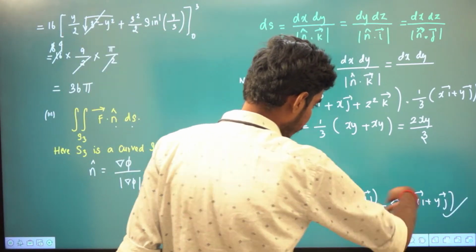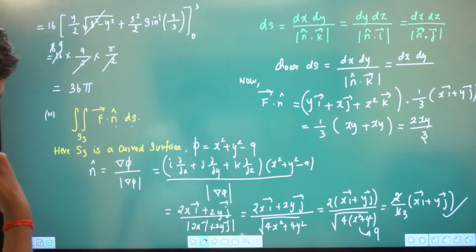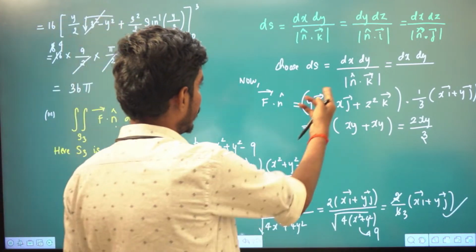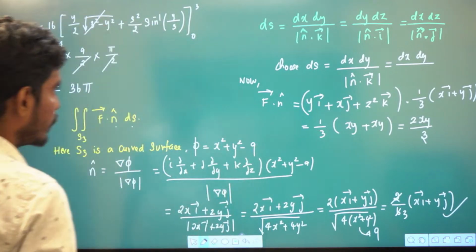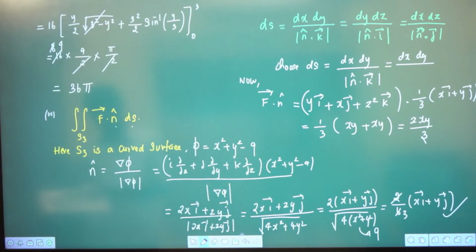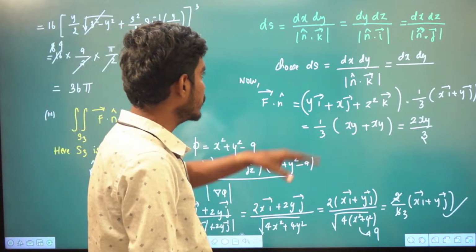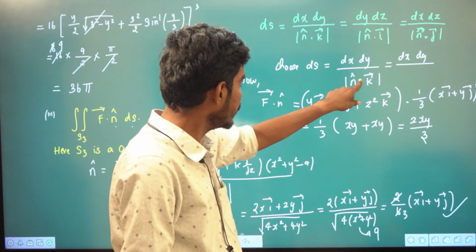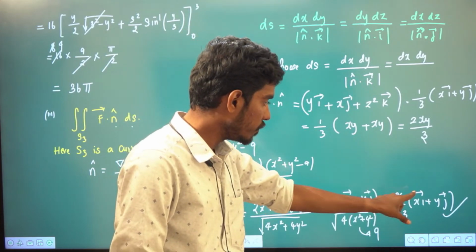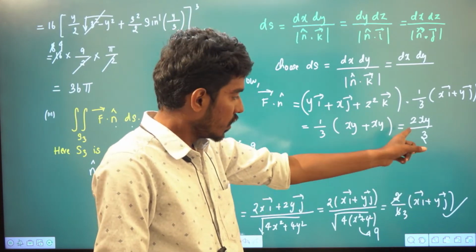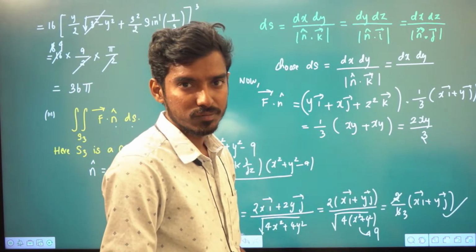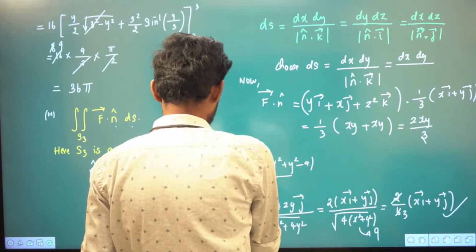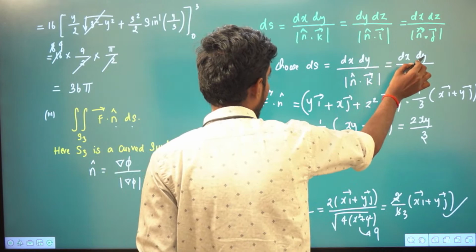If you make a dot product with k, it will be 0, right? Okay, then we will not take k. We will choose some other thing. If I choose n cap dot k, with n cap 1 by 3 (xi plus yj), the dot product with k will be 0. So don't take this. What we will do is take n cap dot i.